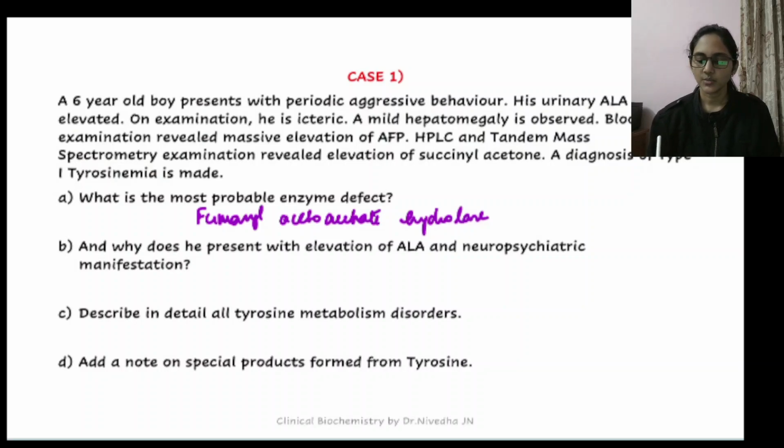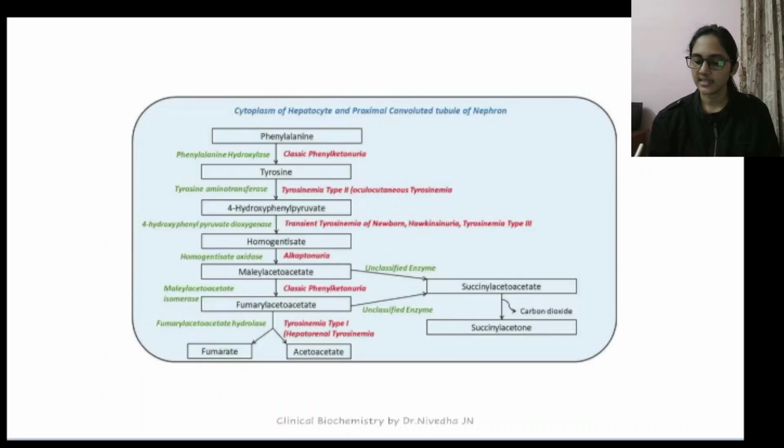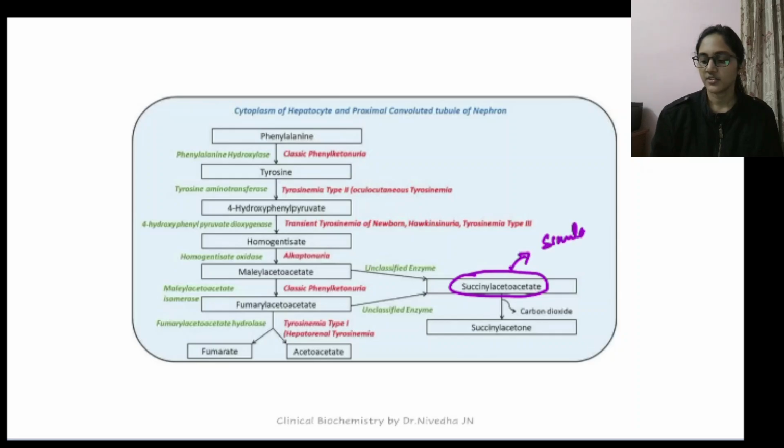And why does he present with elevation of ALA and neuropsychiatric manifestations? Because there is accumulation of succinyl acetone, which they have given you. Now, what does this succinyl acetone do? It is structurally similar to ALA.